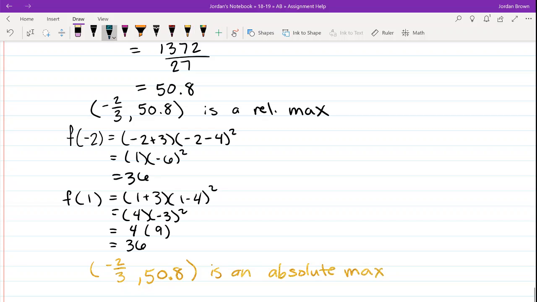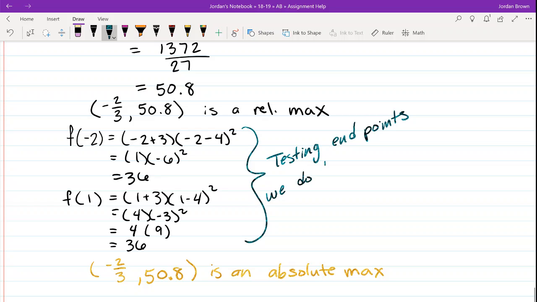And this, I'm going to make a note, testing endpoints. We do this because of extreme value theorem.